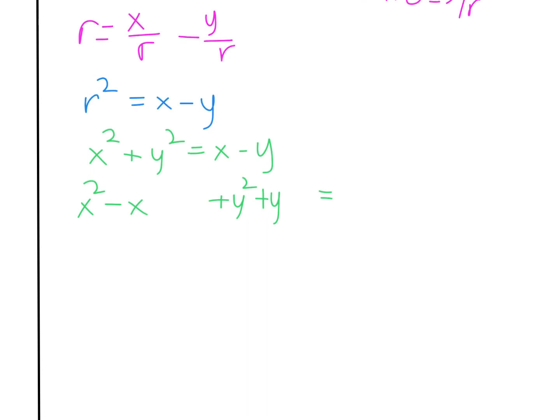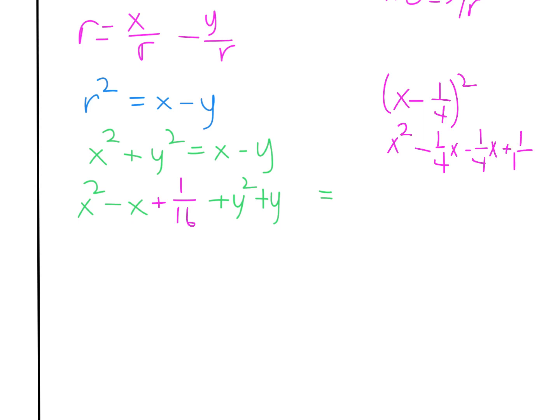So I'm going to complete the square. So that middle part is 1/2, so that's going to be a quarter, a 16th, right? So I got x minus 1/4 squared. So that's going to be x squared minus 1/4 x minus 1/4 x plus 1/16. So that's 1/2. Oops, nope, I did it wrong. I questioned myself right away.